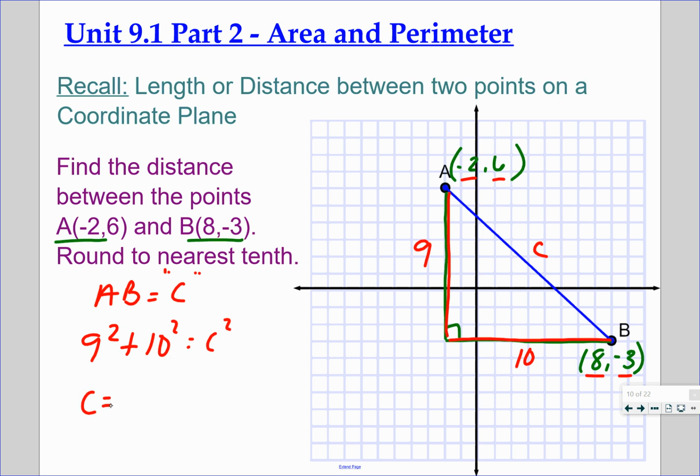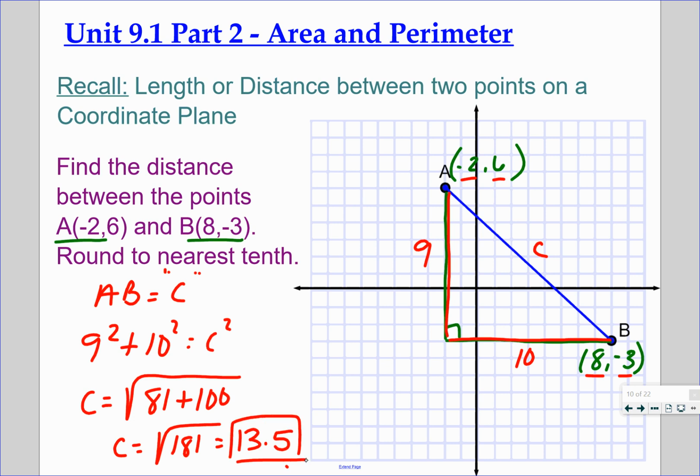So some of you are getting good at the fact that we can say C is equal to the square root of 81 plus 100, or C equals the square root of 181. Okay, 9 squared was the 81, 10 squared was the 100. So if you do the square root of 181, I believe you get 13.5. So go ahead and put that into your calculator. Square root of that, yes, gives you 13.5. So that's just a quick recall of how to find the distance between 2 points.